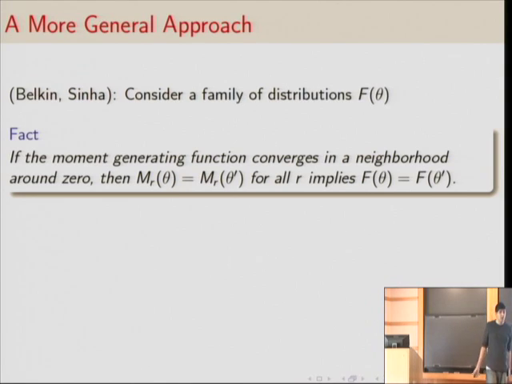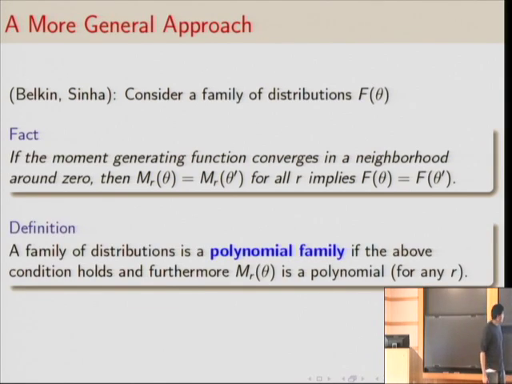So you can just forget about this if you want. But really, the crux of their definition is that this family f of theta will be called a polynomial family if the above condition holds. And furthermore, these moment functions are polynomials in the underlying parameters.